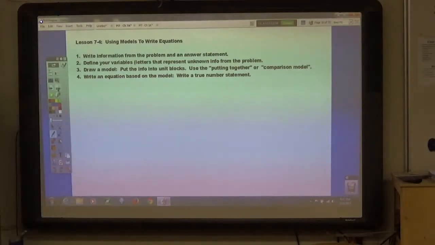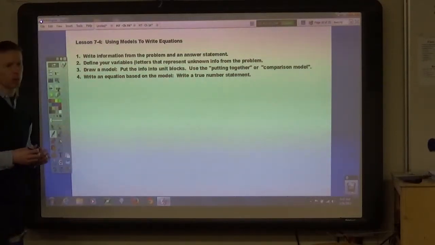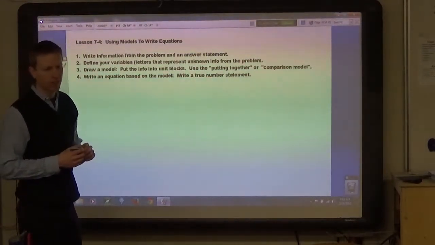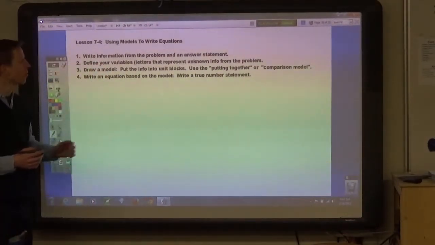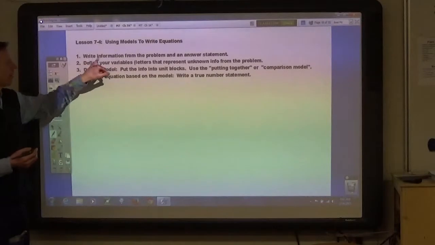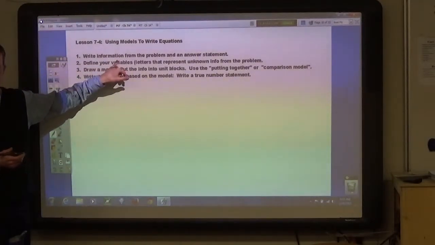Okay. Moving van rents for $29.95 per day. So what we have to do is write down some information from the problem. Write the information from the problem. Okay? What can we write down? Noah?